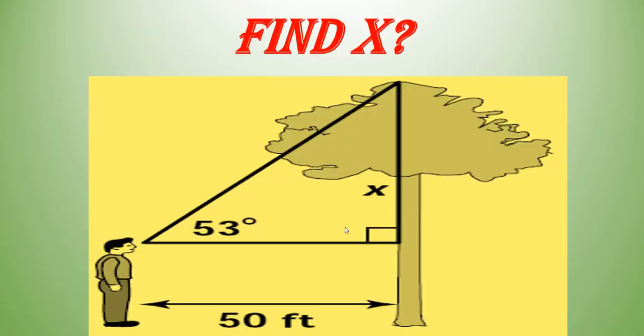Find x. To solve this triangle, use tan. Tan 53 equals opposite over adjacent, which means 5 over 50. Cross multiplication, we get x equals 50 tan 53.